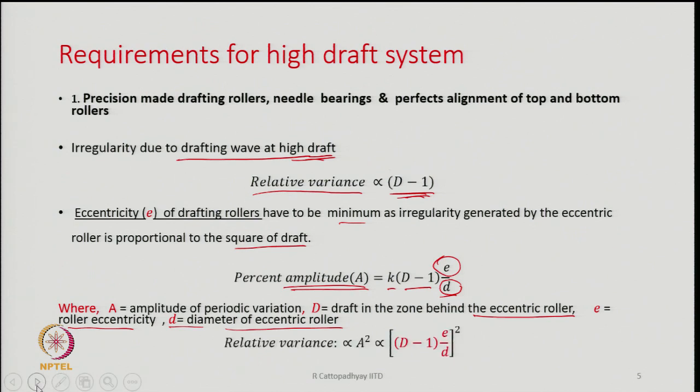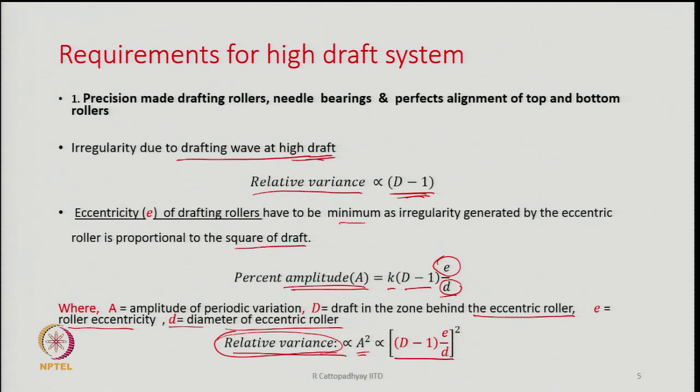And therefore, relative variance here is going to be proportional to percent amplitude square, and amplitude square in turn will be proportional to ((d minus 1) e by d) whole square. What does it mean? It means that if the roller is eccentric, the relative variance is going to be very, very high.